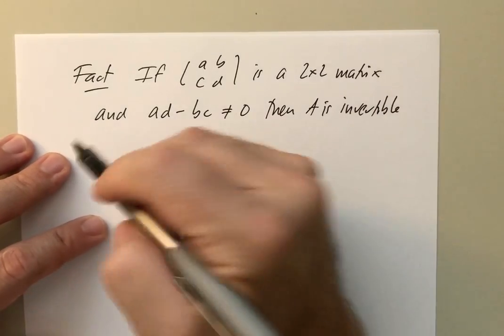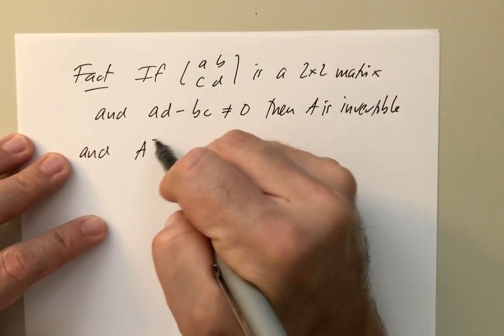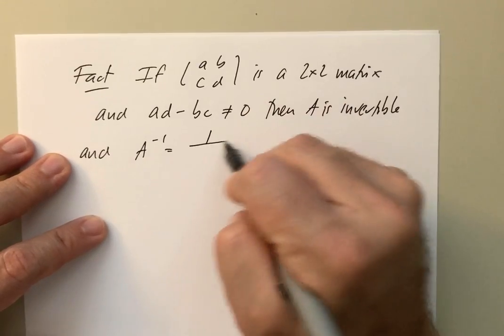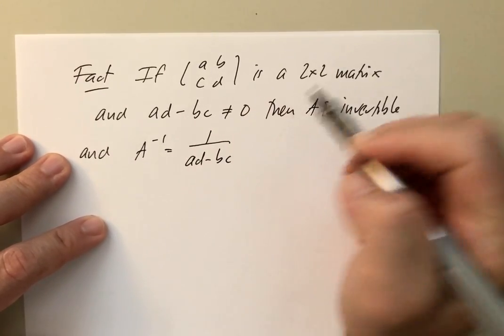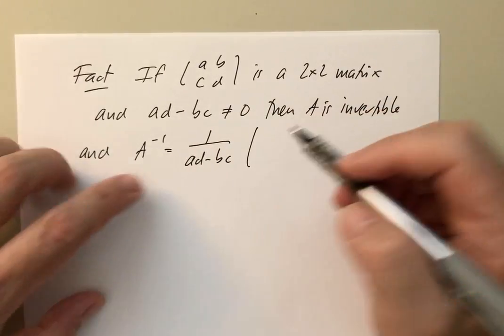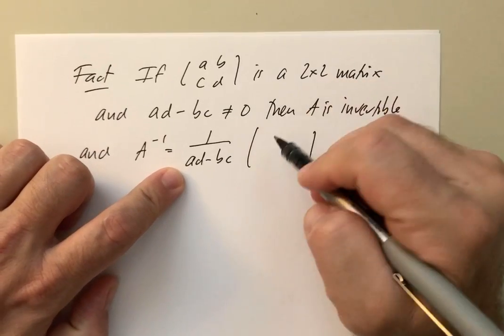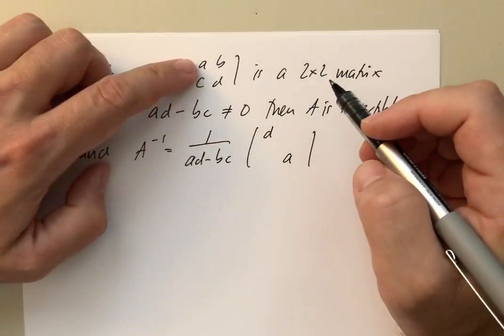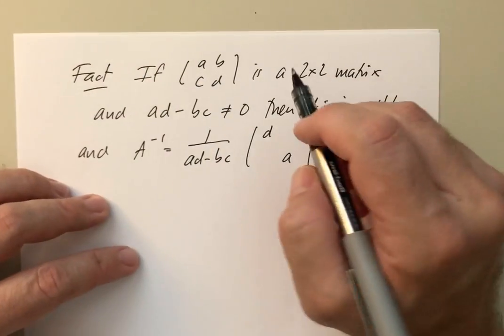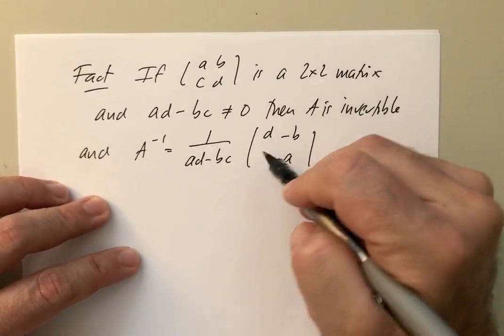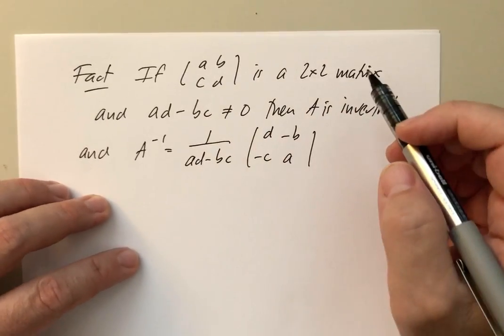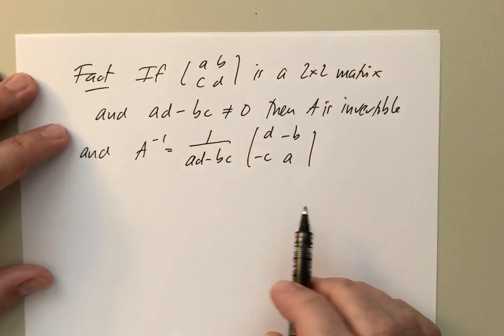So it has an inverse, and in fact, here's the formula for it. I take 1 divided by that number, AD minus BC, and that's a number that I'm going to scale a certain matrix by. I'm going to take D and A on the diagonal, so I swap the diagonals of the given matrix. And then I negate the entries off the diagonals. Okay, so that's an important fact.